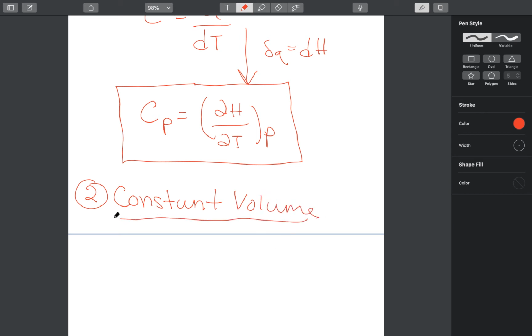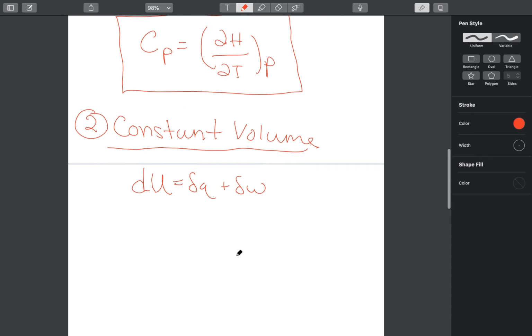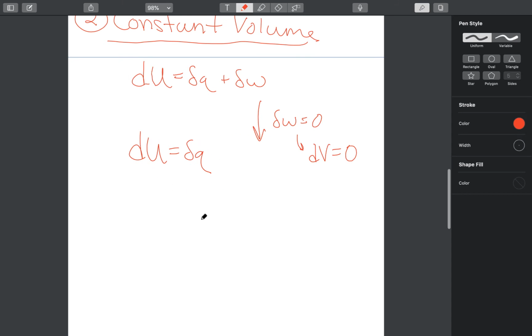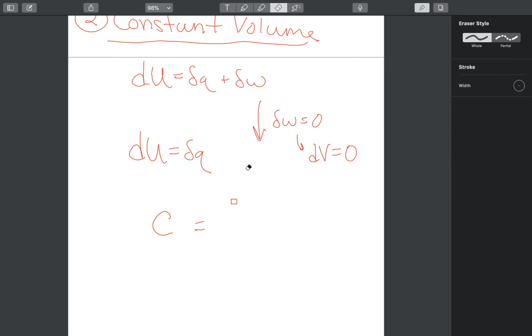Now, when we're under constant volume, let's bring back our first law. And now under constant volume, dW is equal to 0 because dV is equal to 0. So therefore, dU is equal to dQ. Now this allows us to substitute into our heat capacity equation. Now remember, our heat capacity equation is this. I'm sorry about that.